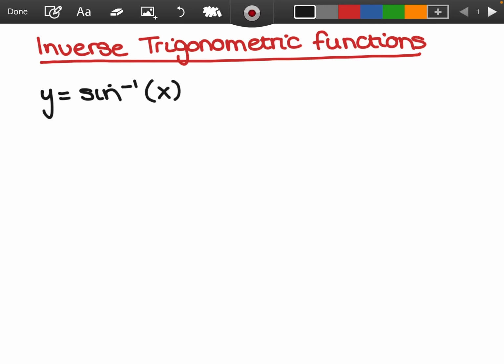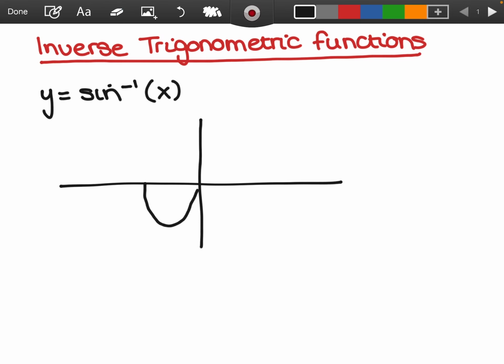The issue that we have here is that our original function, y is equal to sine x, is not 1-to-1. When you sketch out that graph of y is equal to sine x, I'll just do a quick sketch. It will look something like this, and it will keep going, obviously.